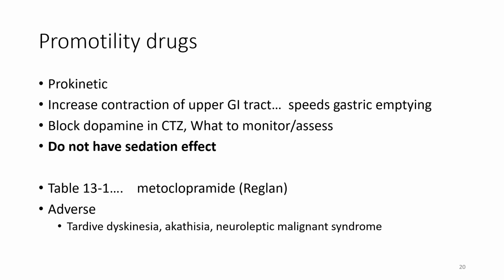This one is used for GERD or gastroesophageal reflux disease. And this is where you also see gastroparesis that we talked about previously, okay? So just remember that this one also is blocking dopamine receptors.